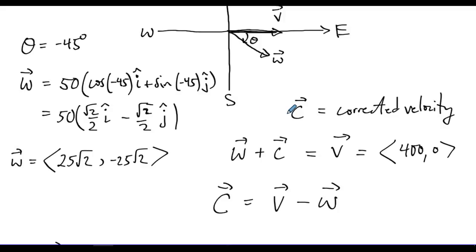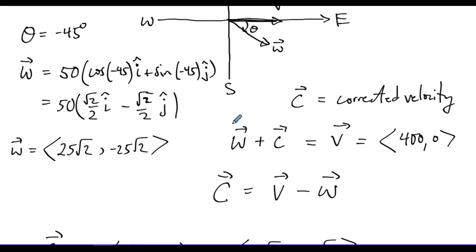We want to find this corrected velocity that the plane needs to fly at to account for the wind to achieve the desired velocity, that's this vector v. So if you take the wind plus the corrected velocity of the airplane, together those two should make this desired velocity of 400 miles an hour directly east.